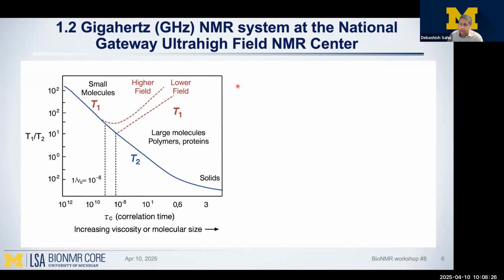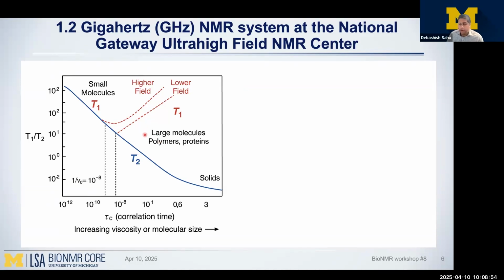All you see here on the left side of this slide is that as you increase the field strength, you're going to increase the T1. So that helps a little bit when you want to look at large biomolecules. And also, as the rotational correlation time increases, you're going to have issues with the T1.